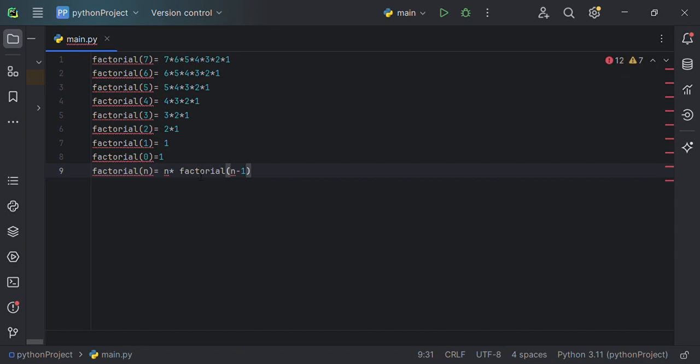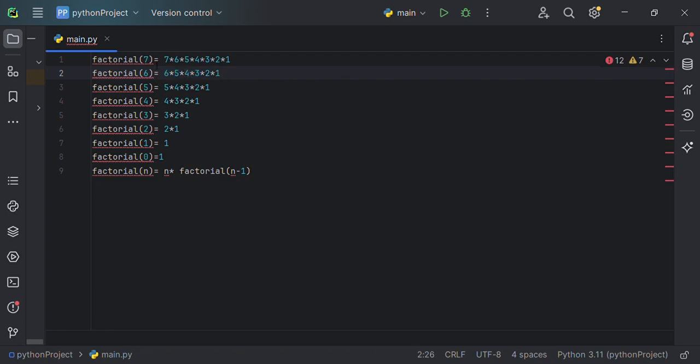How? Suppose n is 7. Factorial of 7 is equal to 7 multiplied by factorial of n minus 1. 7 minus 1 is 6, so this is the factorial of 6.